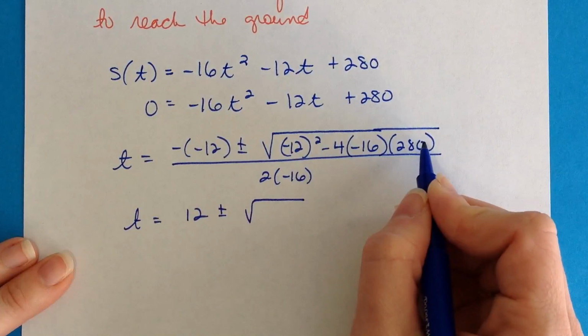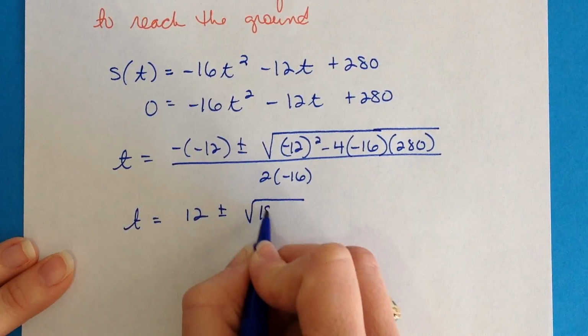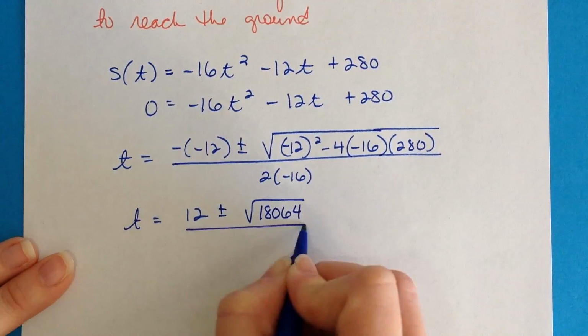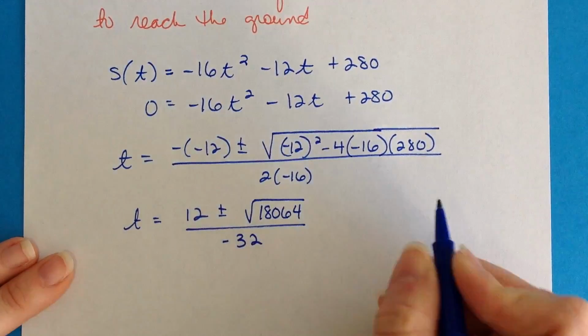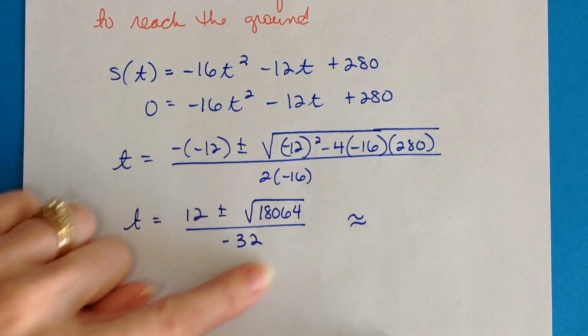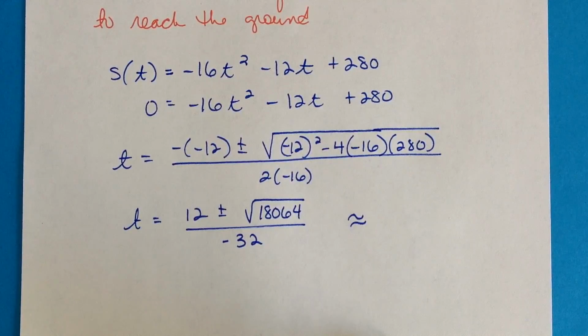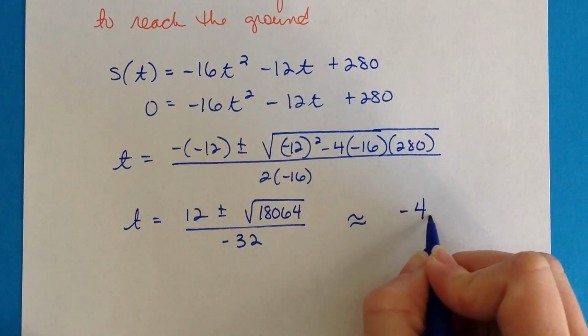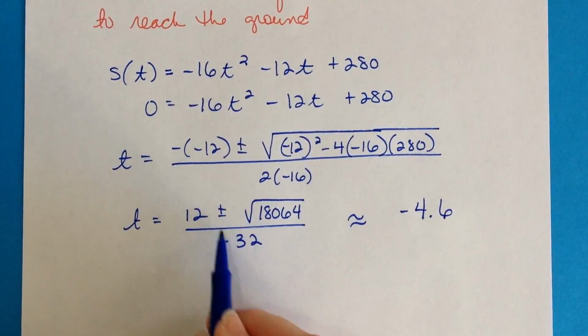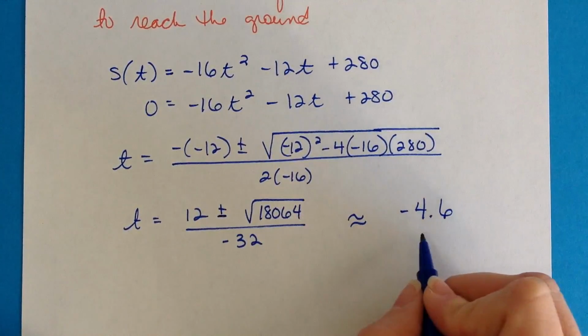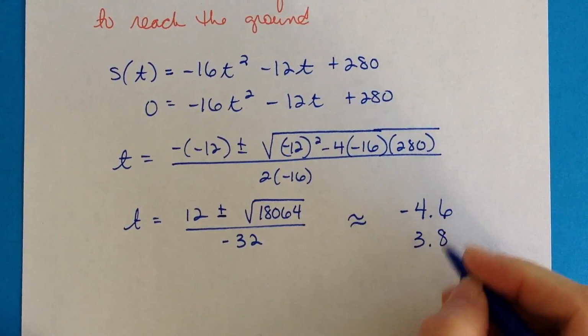All right, you do the calculations under your radical, you're going to get 18,064. Okay. If you put this in your calculator, first of all, of course, put it with the plus sign. If you put it with the plus sign, you're going to get negative 4.6. Then if you do the calculation using the minus sign, you're going to get 3.8.